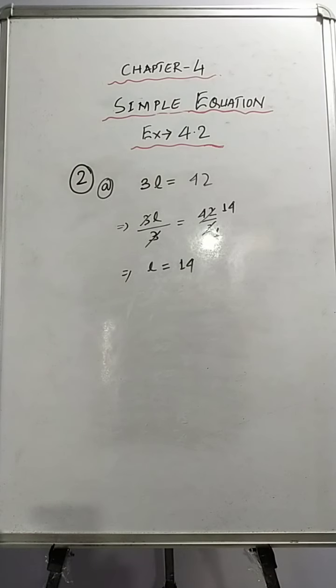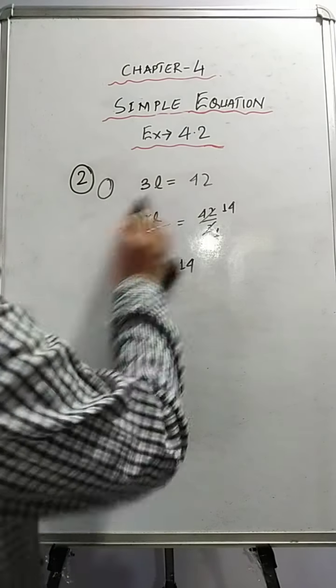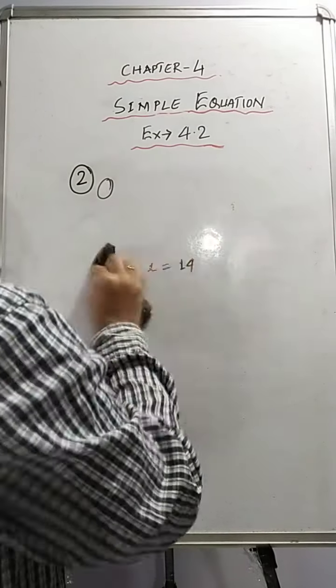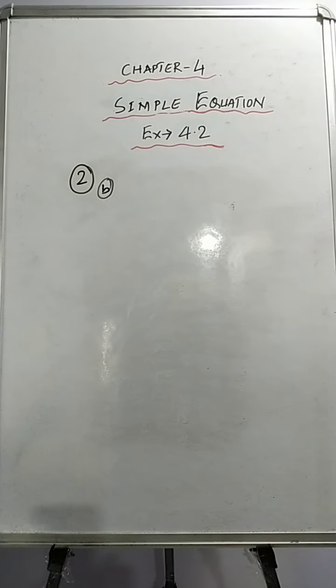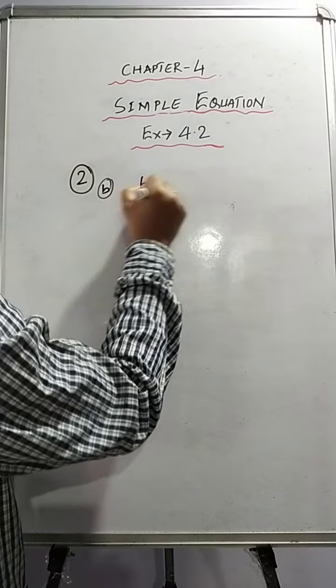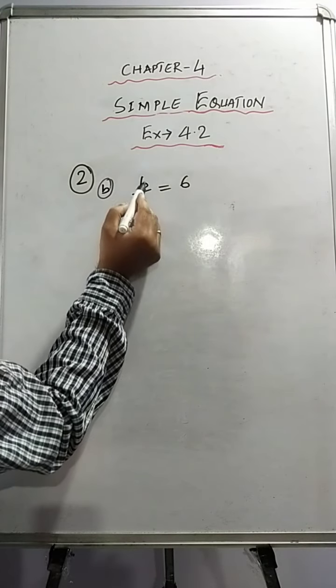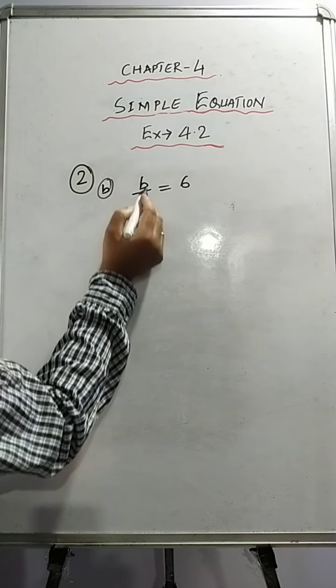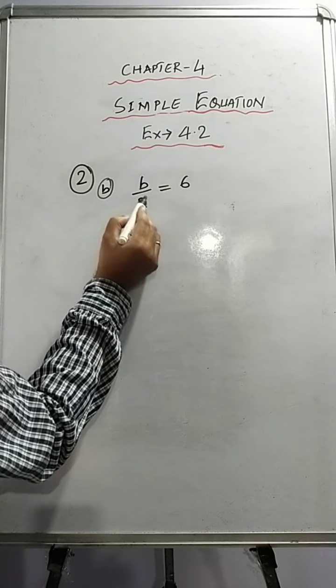Now let's do sum number B. We have B by 2 is equals to 6. Now you see this number is in the division form with the variable, isn't it? This time the variable is B. Now you have to find the value of B. For that you need to remove this 2.